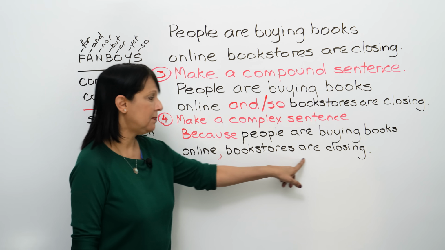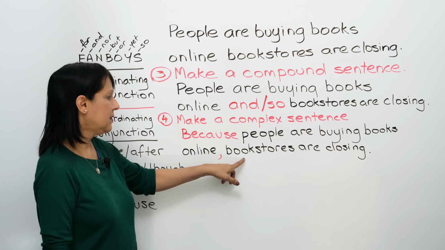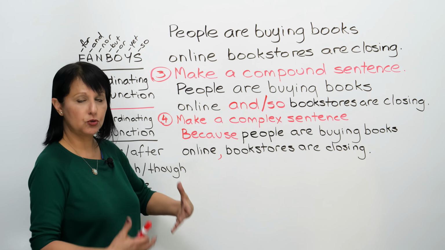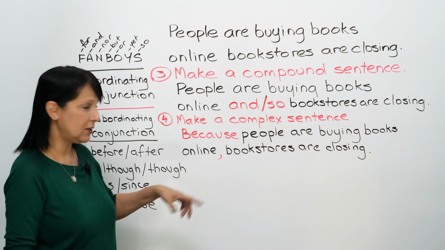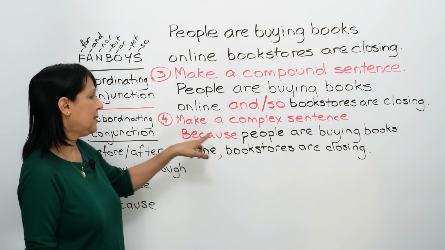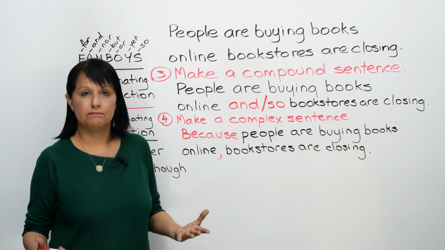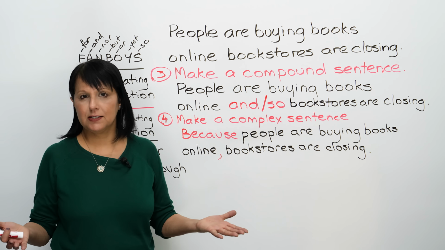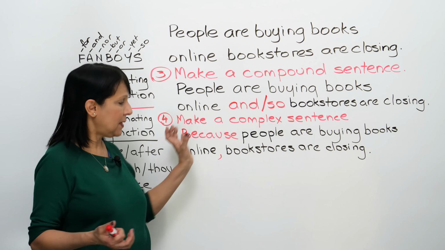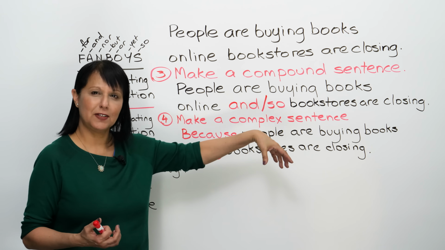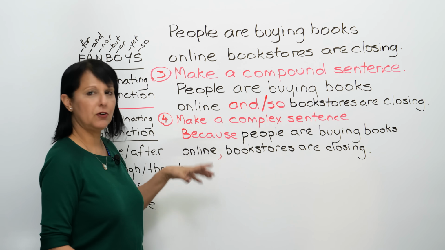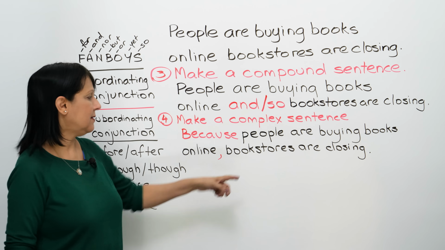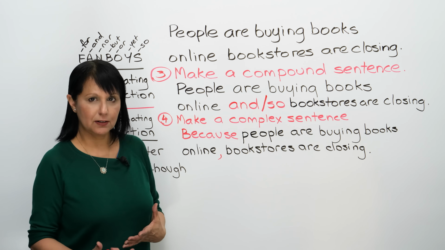Because we have an independent clause that can stand by itself, bookstores are closing, and we have something called a dependent clause. Because if we say, because people are buying books online, that's not a complete sentence by itself, right? It depends on the second part of the sentence to make sense. So this first part is called a dependent clause, and this second part is called an independent clause.